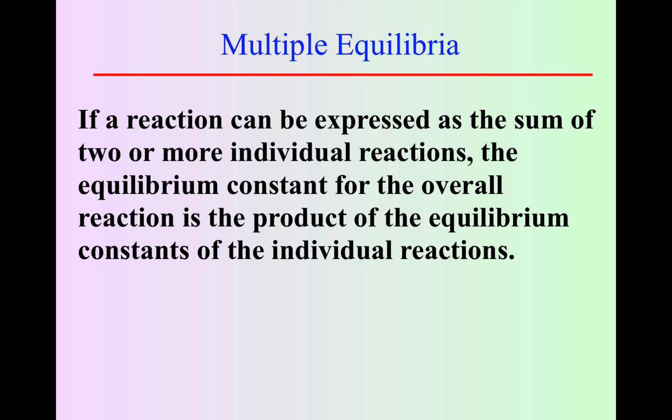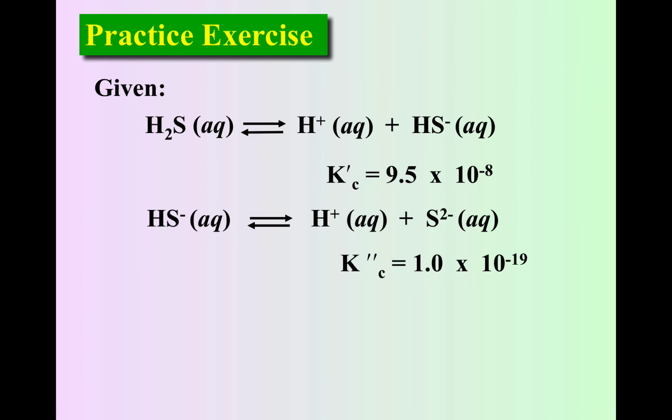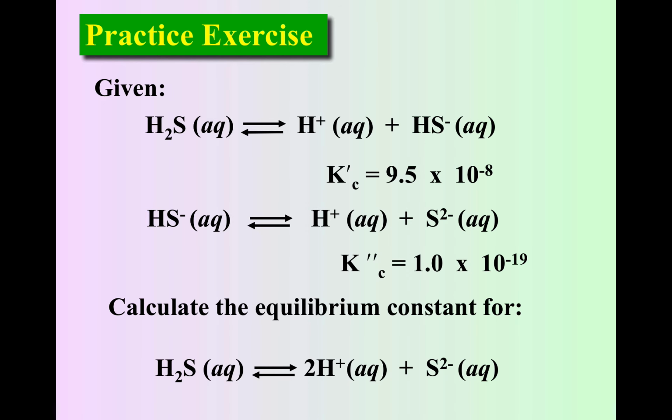All right, with multiple equilibria, if a reaction can be expressed with the sum of 2 or more individual reactions, the equilibrium constants for the overall reaction are the product of the individual equilibrium K values. So if I know what the K values are for taking the first H off of hydrosulfuric acid and the K value for taking the second H off of hydrogen sulfide, and I want to know what the K value is for taking both the H's off, I'd add the equilibria together to get the overall equation, and that means I multiply the K values.